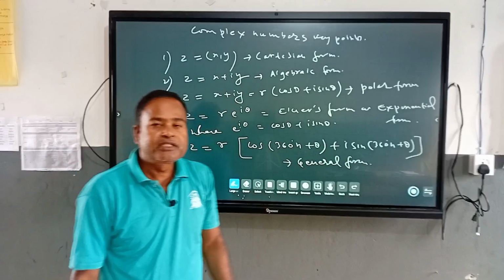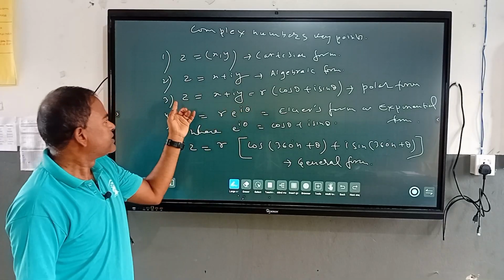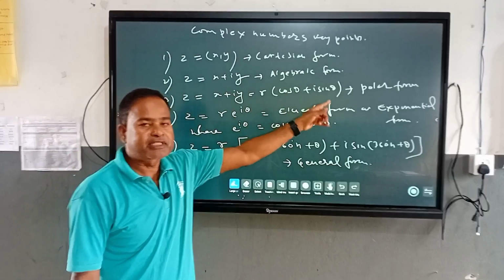And the third one is trigonometric form, or we can say polar form. The polar form of complex number is z equals r cos theta plus I sin theta.